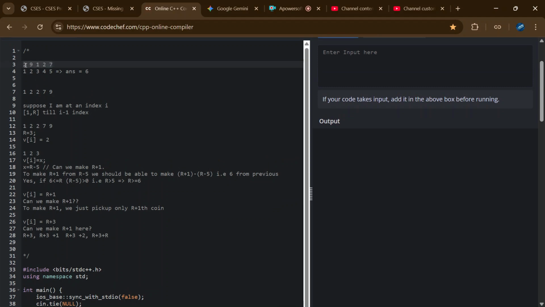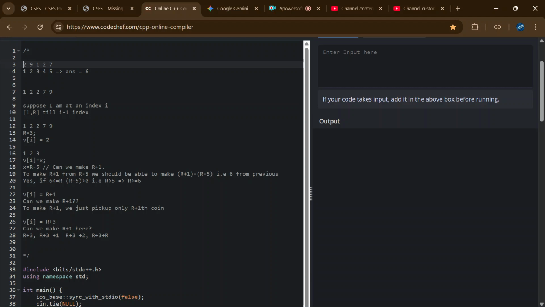If here we get 9, we have to miss it, because till here we can make 2, and 2 plus 9 is 11, and we can make only 3 and 7. So we can make 2, we can make 9, we can make 2 plus 9, which is 11.